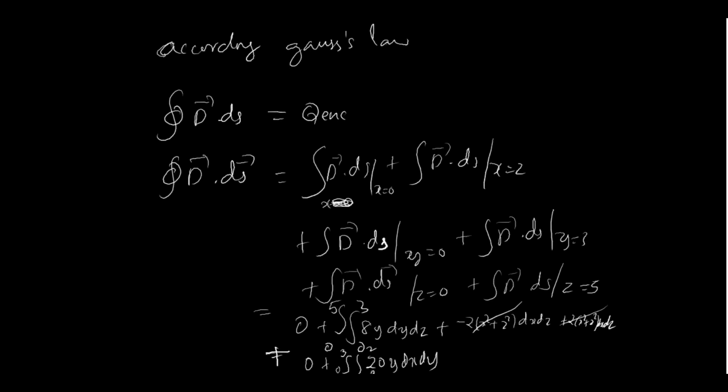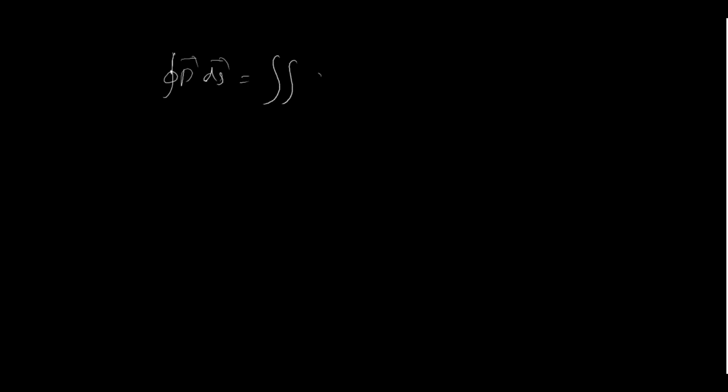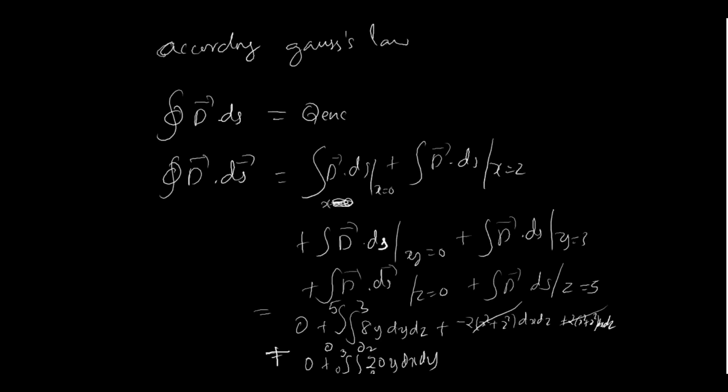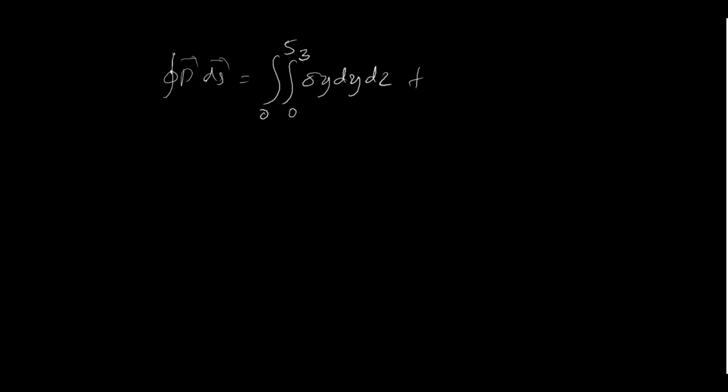Closed integral D dot dS is changed to double integral 8y dy dz with the limits 0 to 3 and 0 to 5, plus 20y dx dy. So for x it is 0 to 2, for y it is 0 to 3.